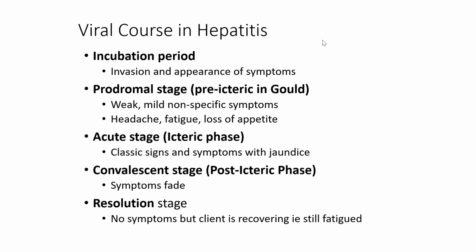With the viral course of hepatitis, incubation means the point of exposure to the appearance of symptoms, even mild symptoms. Generally, that person, particularly with COVID, right, those people can be contagious, but they're not even aware that they have disease. Then once they have the onset of mild symptoms, they enter into the prodromal phase, they feel like they're getting sick.